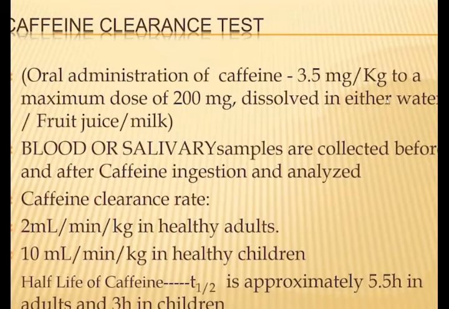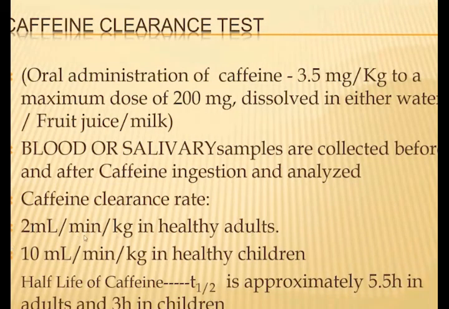So this is dissolved in either water or fruit juice or milk. So you have to mix this caffeine and take it. And you have to take the blood or salivary samples you can collect, before and after caffeine ingestion, and analyze. And the caffeine clearance rate will be 2 ml per minute per kg in adults.